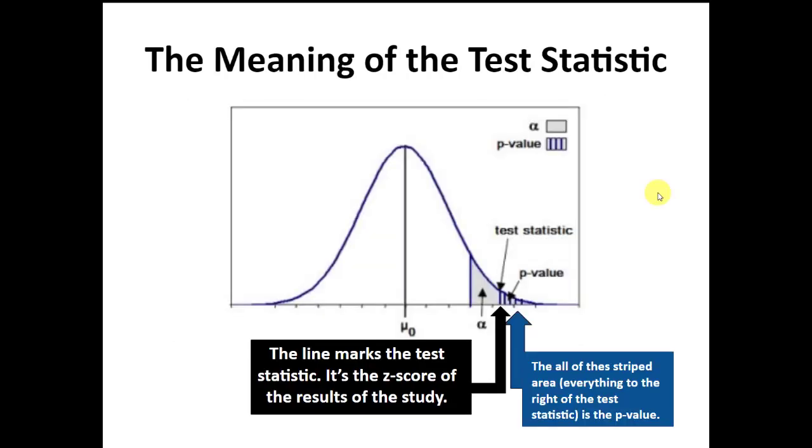Let's look at this again. So here we have what we just talked about. This line right here is our z-crit, okay? And the gray is our alpha. We saw that in the last slide. Here, the test statistic, the z-score for the sample, is beyond the z-crit.